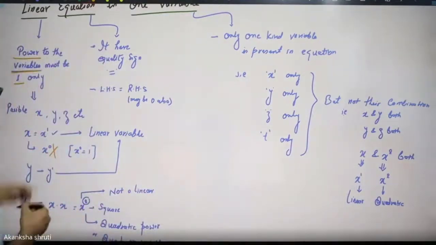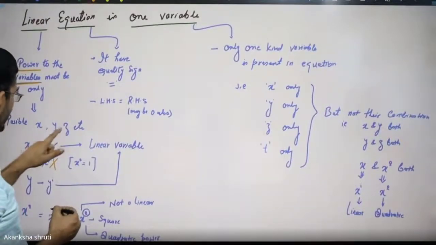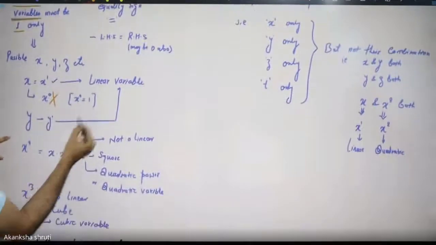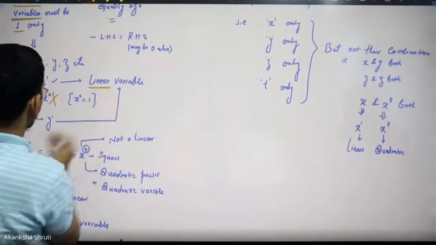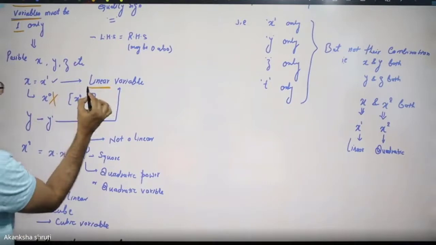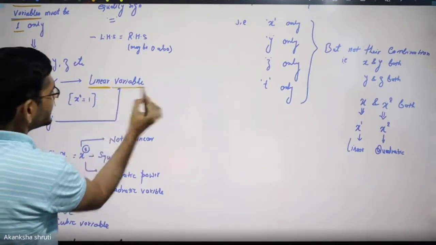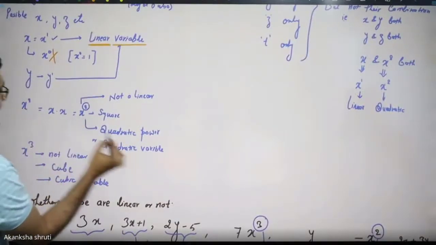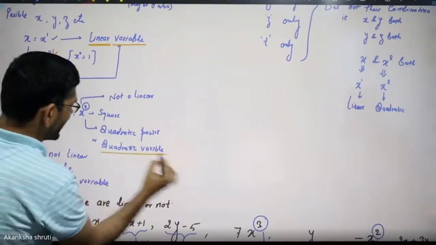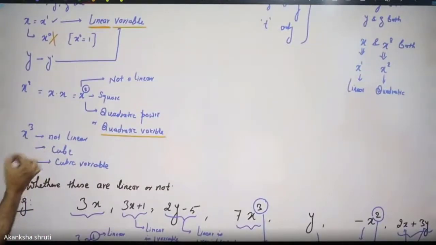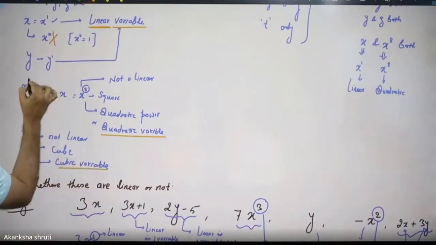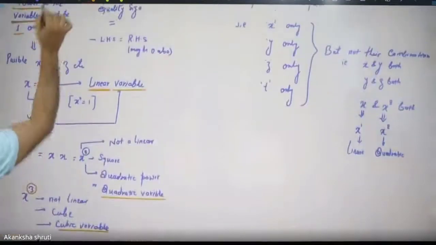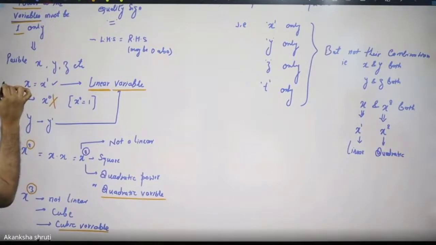Okay, and their power should be one only. This x is acceptable, y is acceptable, because they are called linear. When the power of the variable is one, it is called a linear variable. A student, if the power is 2, then it is called a quadratic variable. If the power is 3, then it is called a cubic variable. So this thing we have to keep in mind. Okay, student? So please do not forget these three things.